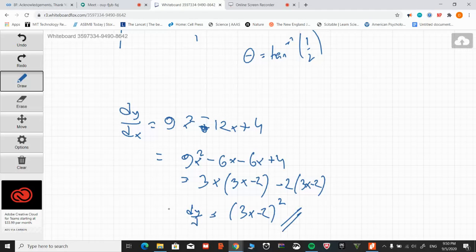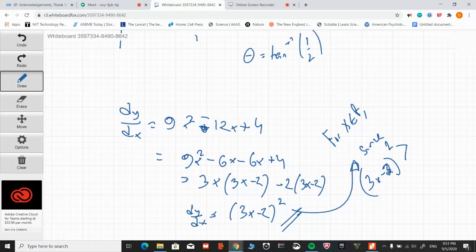So this is the first thing you have to write, and then the next thing you have to write is, for all real values of x, since 3x minus 2 whole squared is always greater than or equal to 0, the gradient can never be negative.